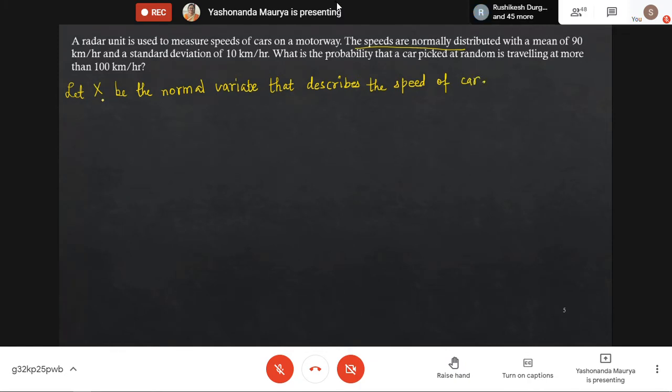What is given about this? That the mean, that is mu, is given as 90 kilometers per hour and the standard deviation is given as 10. Now what is the probability that a car picked at random is traveling with a greater speed, greater than 100? So it is asking X is greater than 100. What is the probability of this?